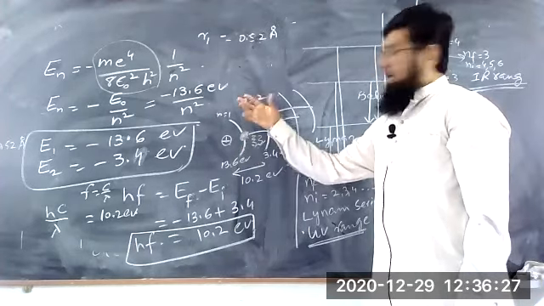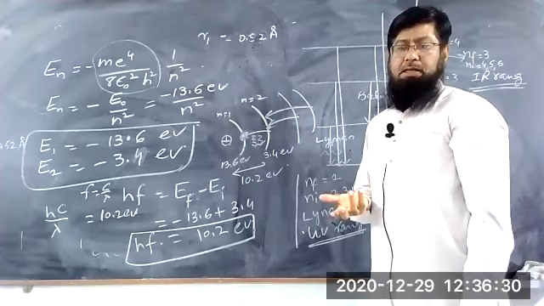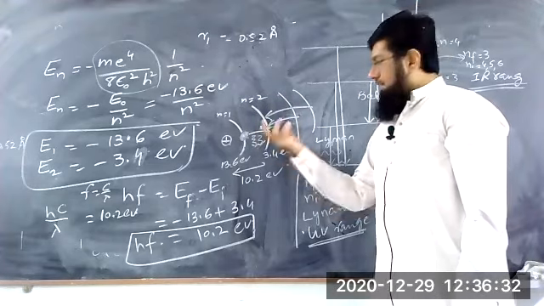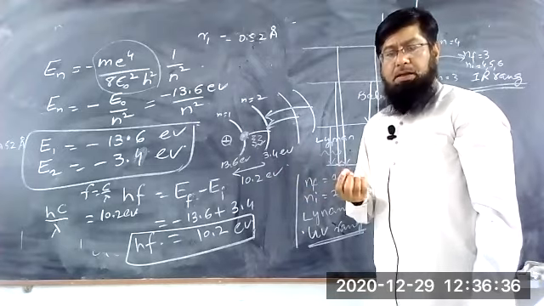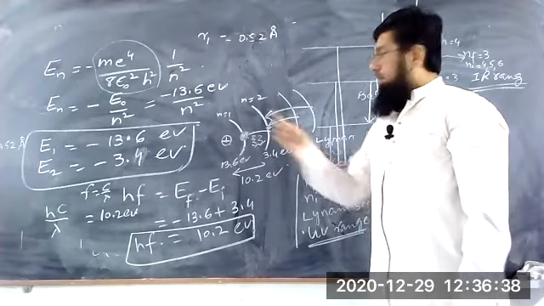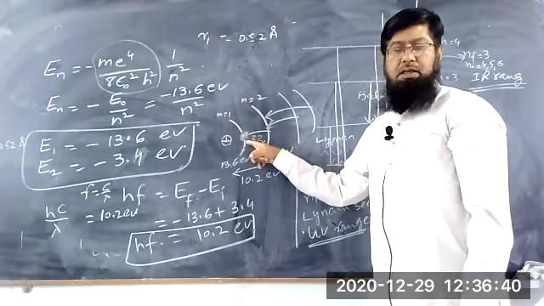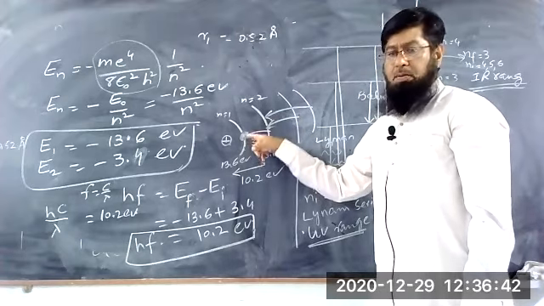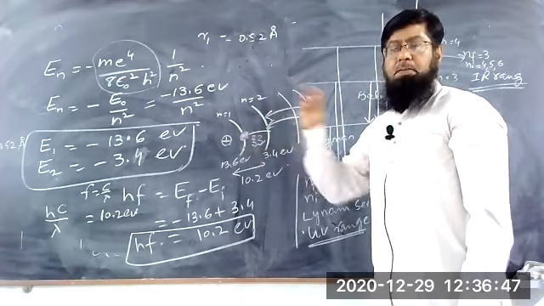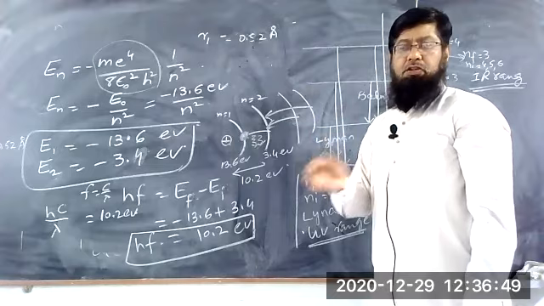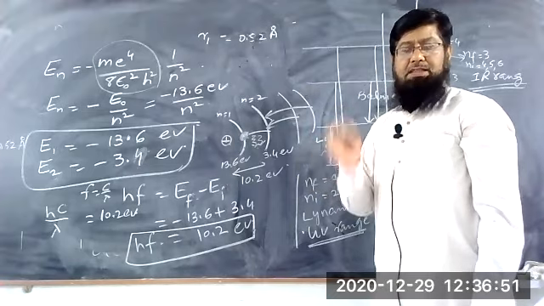So to find the probability of measuring the electron in the n equal to 1 state, we must have the wave function, the state function.